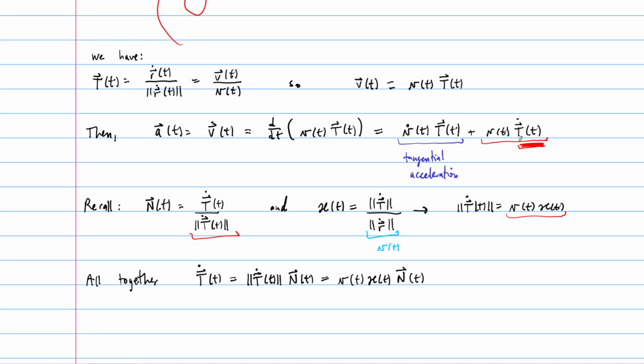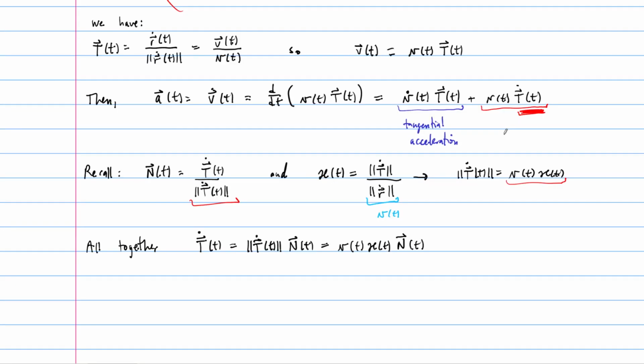And then this has to go back in up here, so there's another speed, another v of t that has to go into this. We'll plug this in up here, but this is going to be called the normal acceleration, because now we can see that it's going to be in the direction of the normal vector, right? The normal acceleration. So let me write down everything that we've done, and then I'll go back to the picture and draw something.